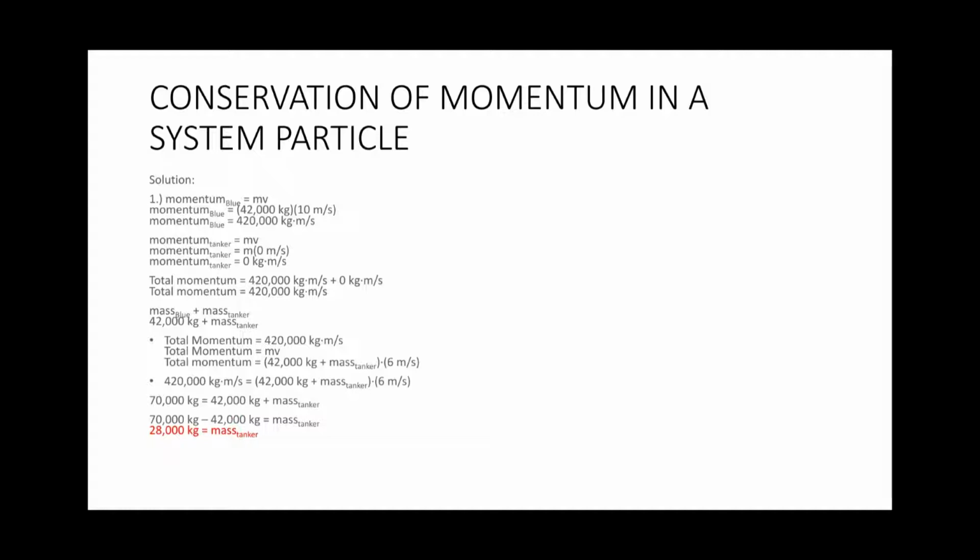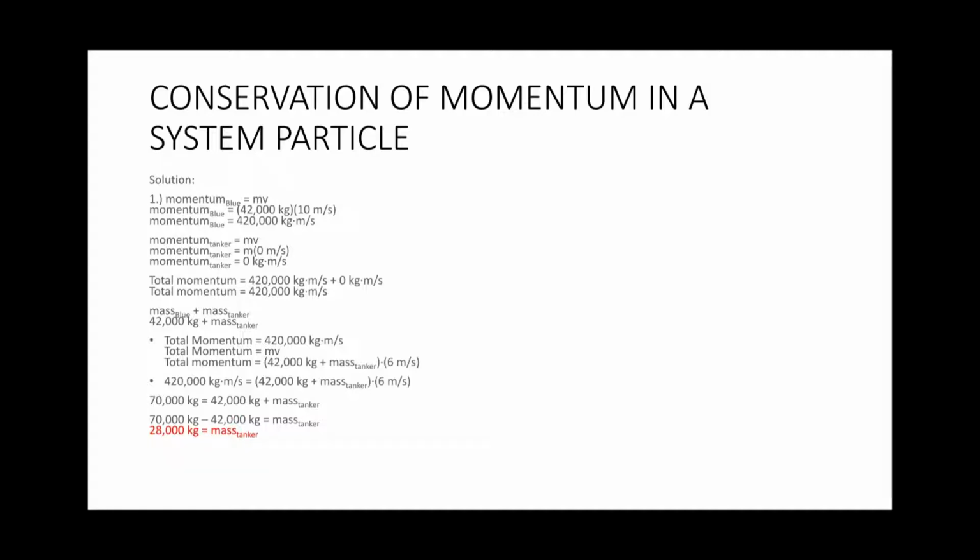The second car is the tanker car. It's the same, mass times velocity, which is mass times 0 because it is not moving. Add the two together to get the total momentum: 420,000 plus 0, which is 420,000 kilogram meters per second.